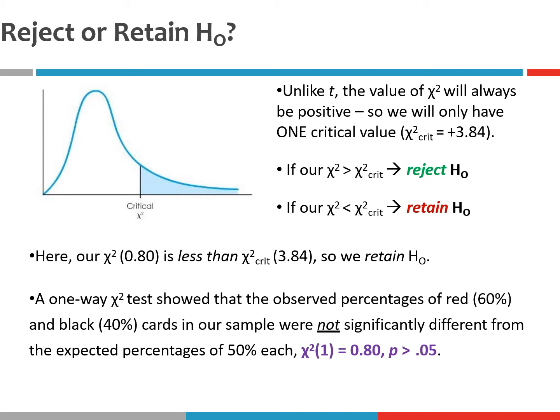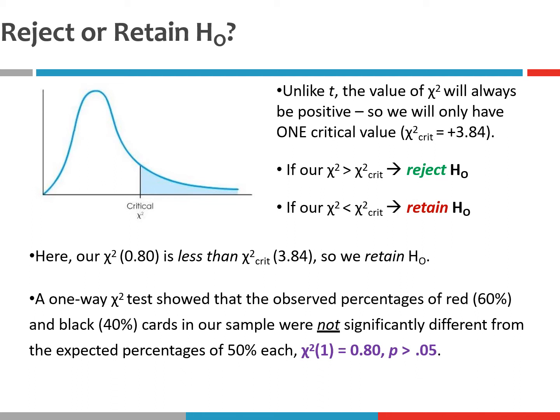You're also going to want to include relevant descriptive statistics. If it was a continuous variable, we would include things like the mean, the sample size, and the standard deviation. But because it's a categorical variable, really the only descriptives we have are the percentages.